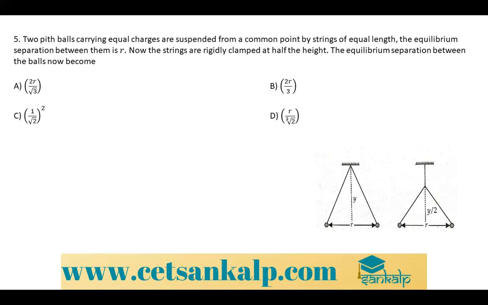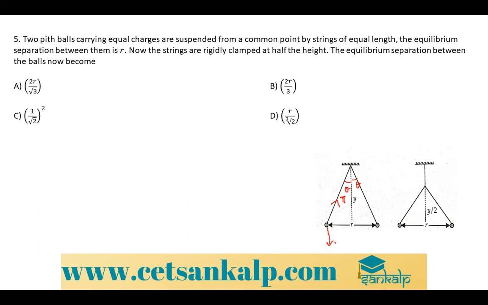Let's see what happens. Taking the first diagram, this angle is theta, and again this is also theta. At this point you have the tension T, and this tension is split into two components.